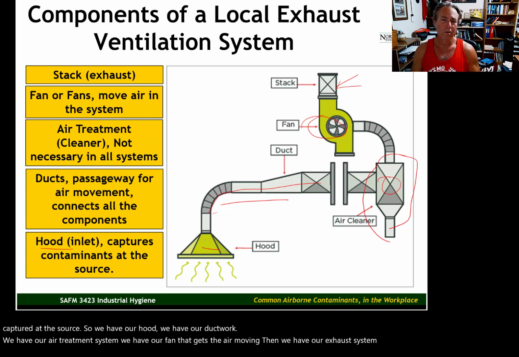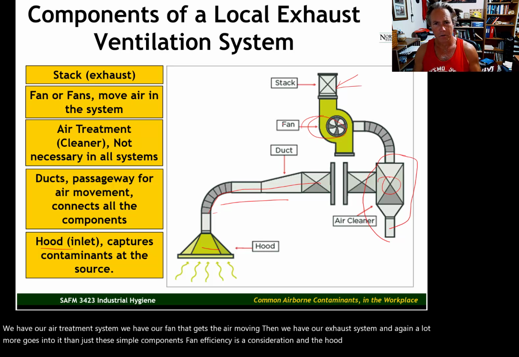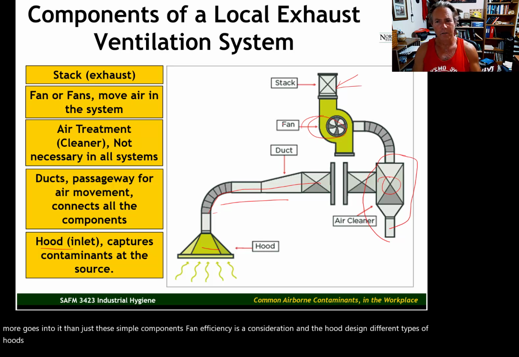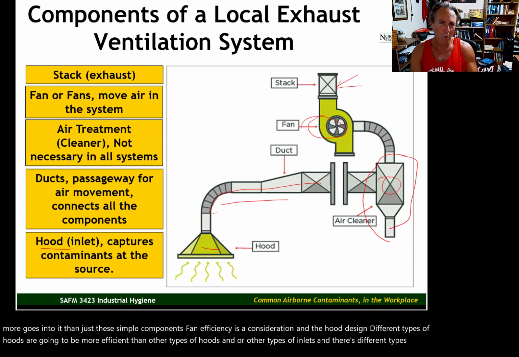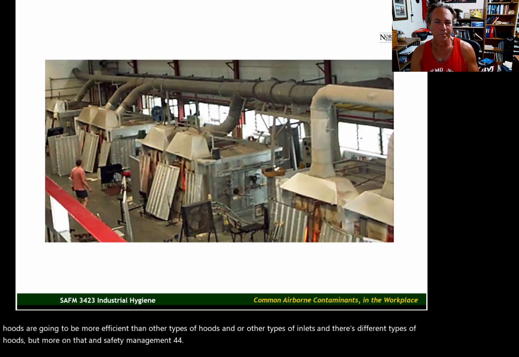And again, a lot more goes into it than just these simple components. Fan efficiency is a consideration, and the hood design. Different types of hoods are going to be more efficient than other types of hoods or other types of inlets. And there's different types of hoods. But more on that in Safety Management 4423.